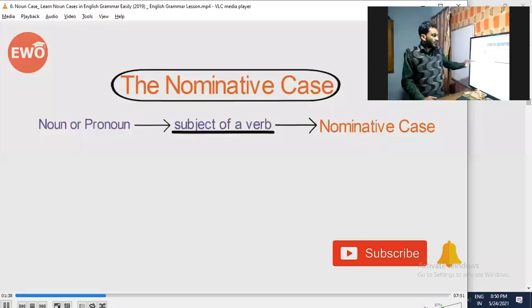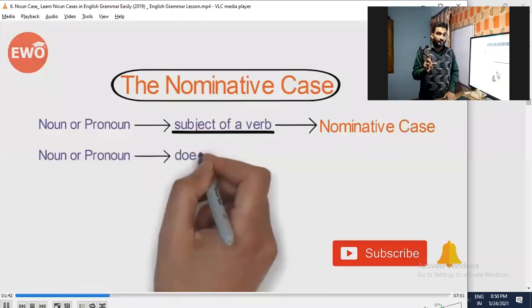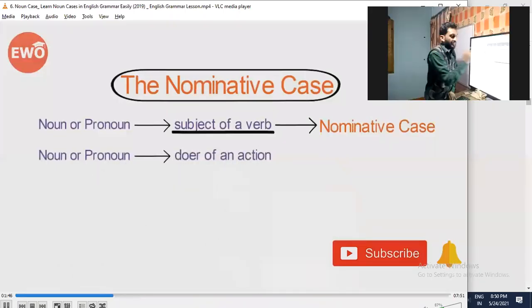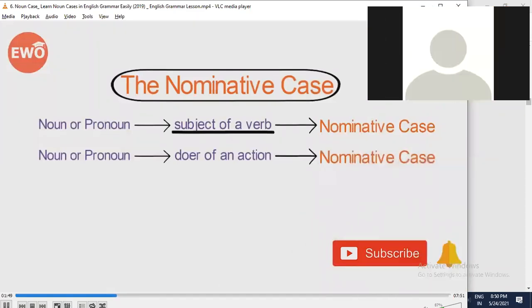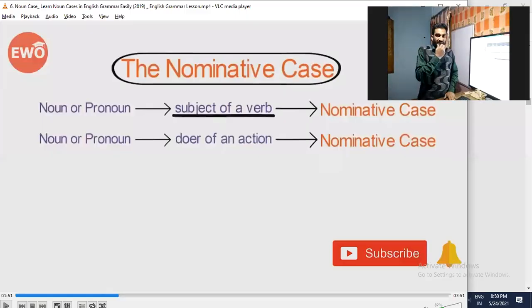And that nominative case may be a noun or pronoun. If the noun or the pronoun is the doer of an action, that is also called the nominative case. अगर कोई noun और pronoun जो इसमें है, अभी मैंने बोला रशीद plays cricket, तो इसमें रशीद noun है. That is the doer of an action.